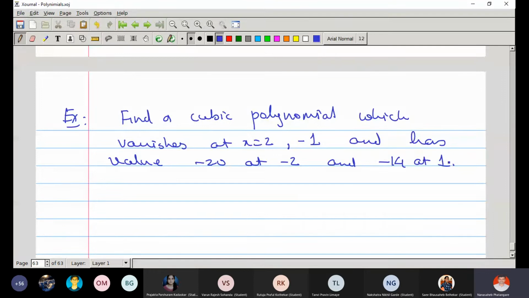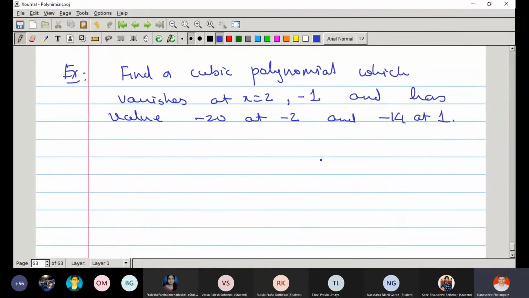What is the question? We want to find a polynomial of degree 3, and what is the given information? f of minus 2 is equal to minus 20, f of 1 is minus 14, and at 2 and minus 1 the values are 0.